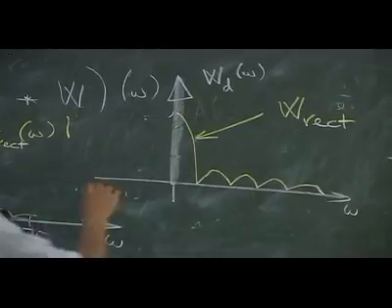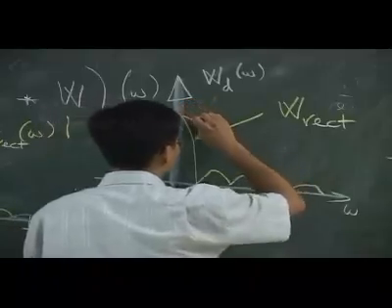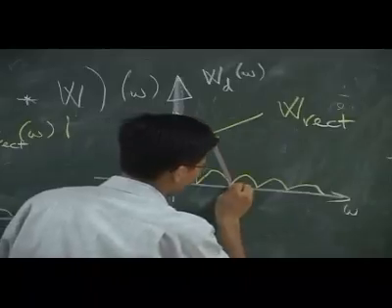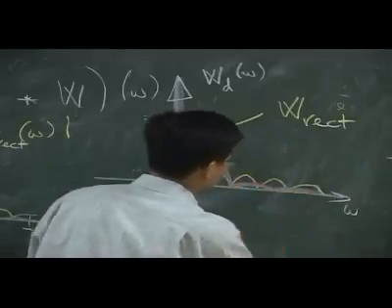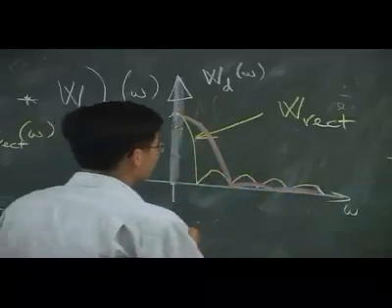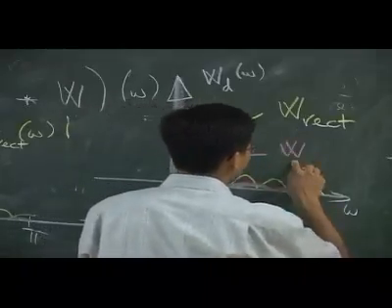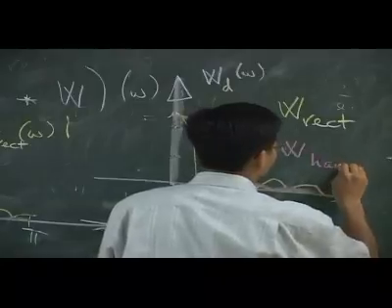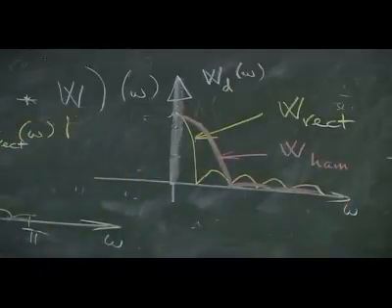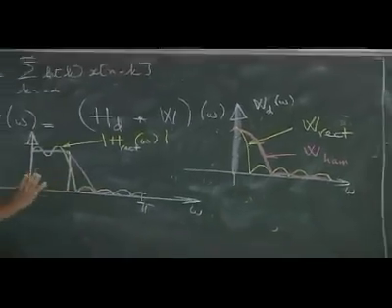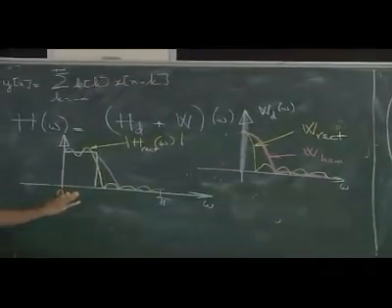The Hamming is going to be broader down here, but then you're going to be much smaller down here. So this is the W of the Hamming. Okay, and you see that effect. We saw early on the effect on doing the spectral analysis, but it similarly happens in frequency filter design.